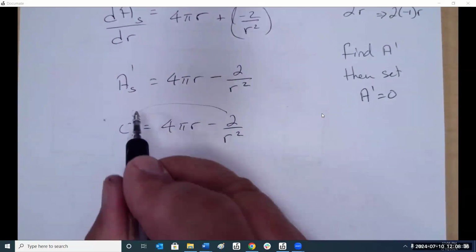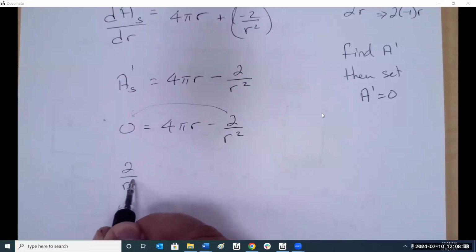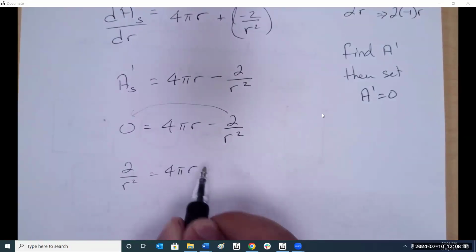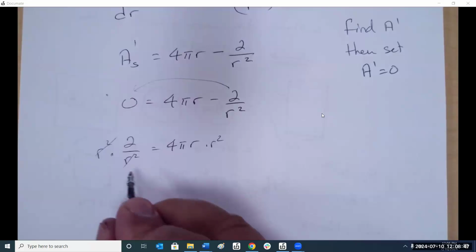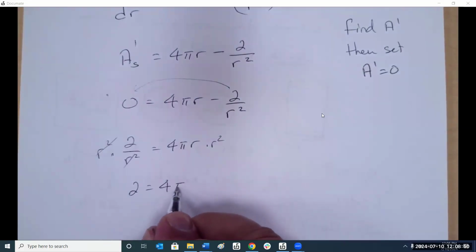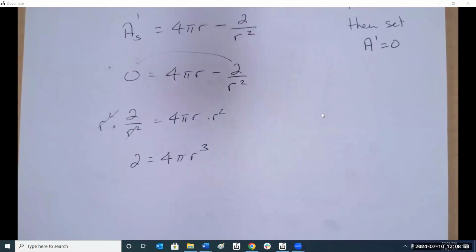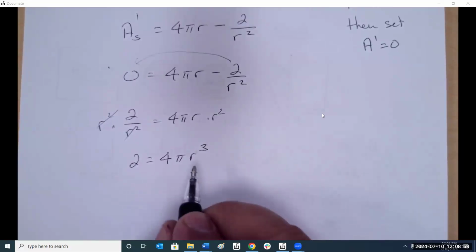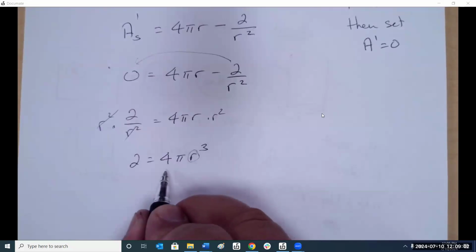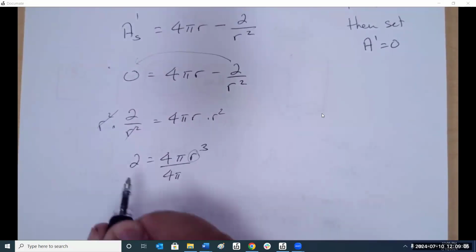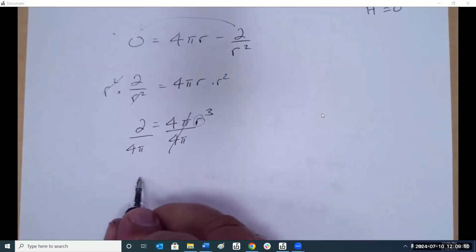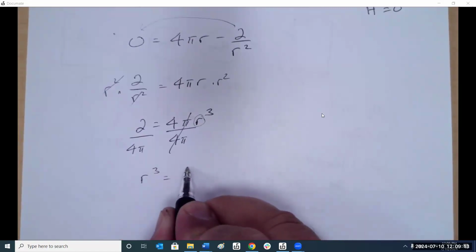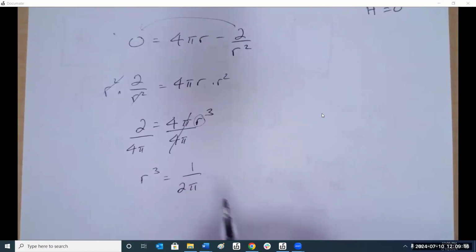So I'll move this one to, oh sorry, make it positive. So it's 2 over r squared equals 4 pi r. Multiply both sides by r squared. We have to solve for r. So r cubed is equal to 1 over 2 pi.